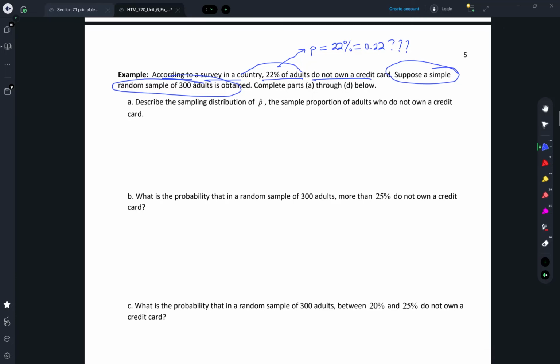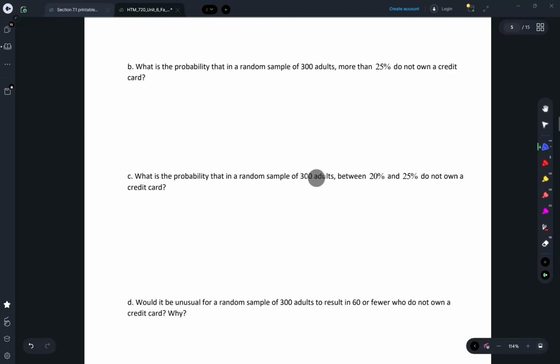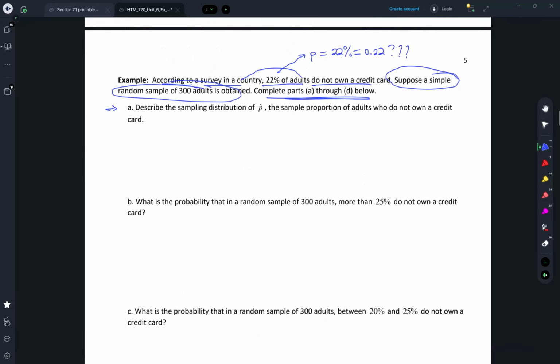Based on this information, we'd like to complete parts A through D below. Question A, we are to describe the sampling distribution of the sample proportion, and that will be the sample proportion of adults who do not own a credit card. The first step would be to check what? Conditions.